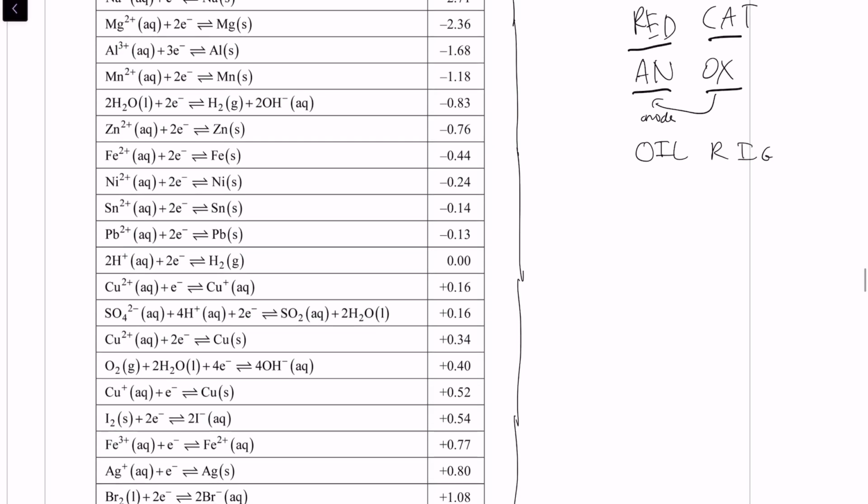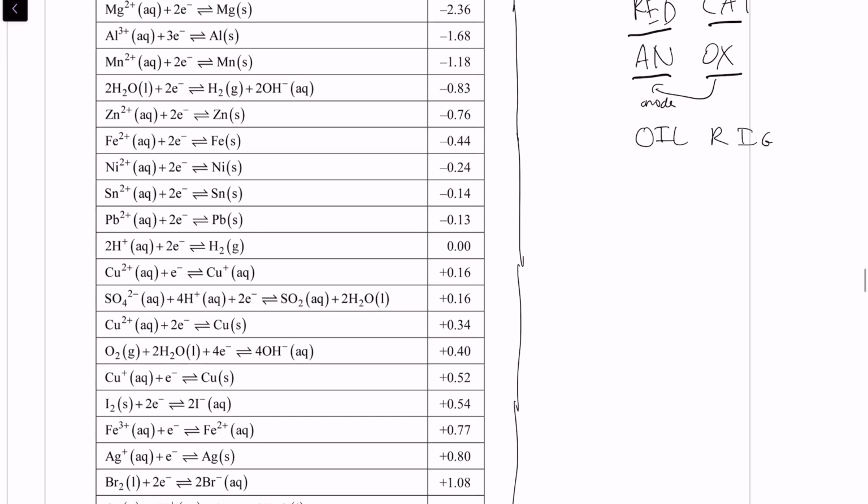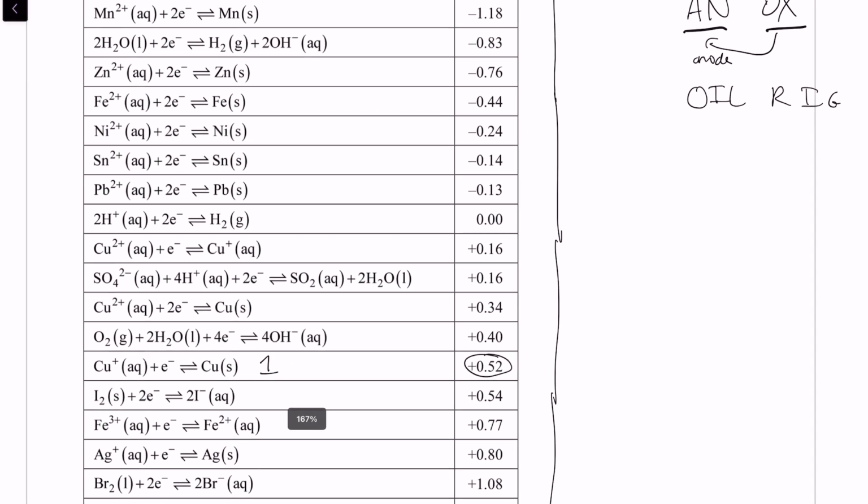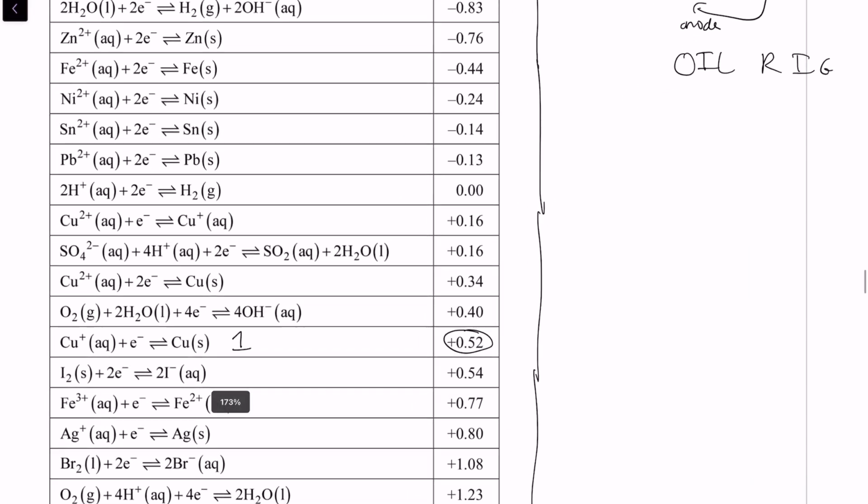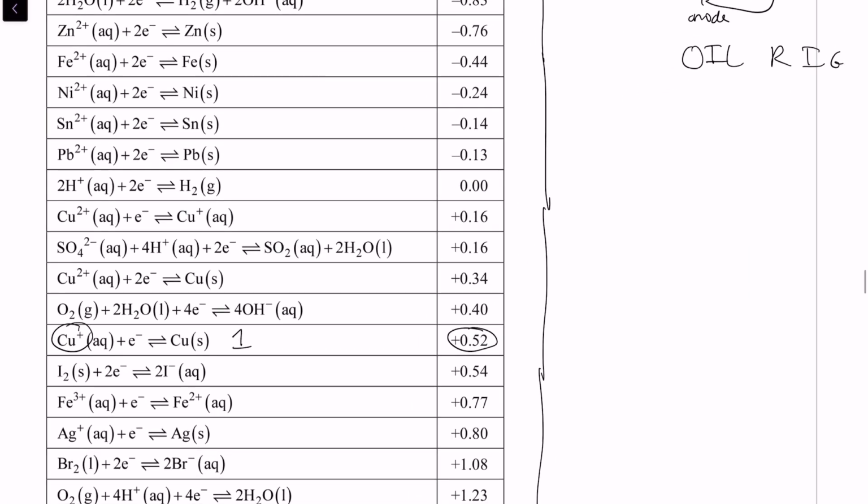It would be this one, so 0.52, right? So we have the copper plus an electron to the copper solid, okay? And that's where our copper plus is with the charge of +1.